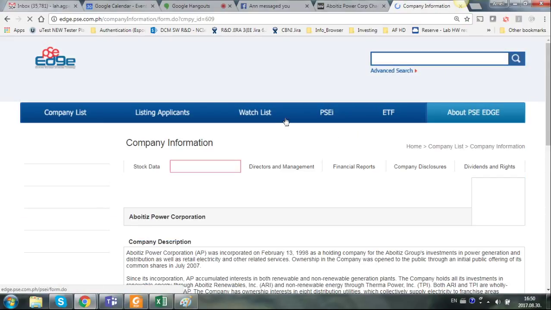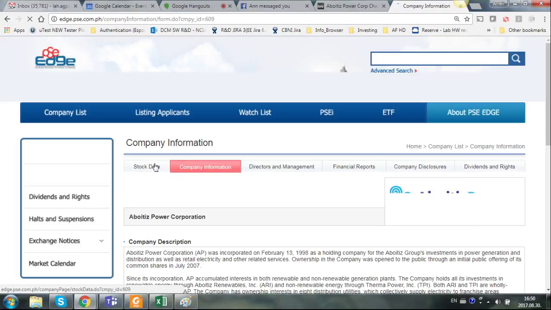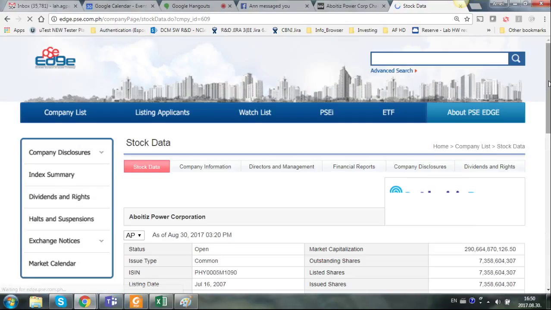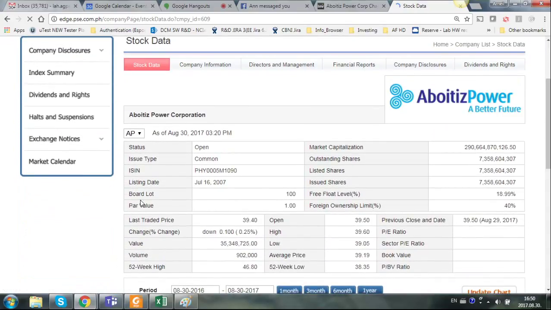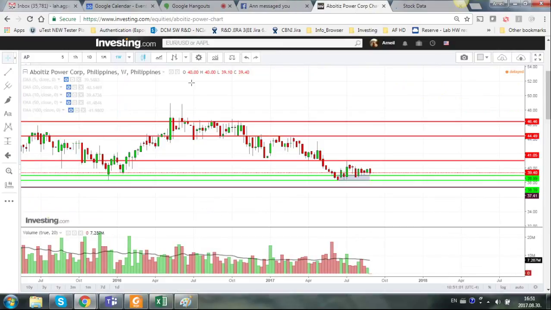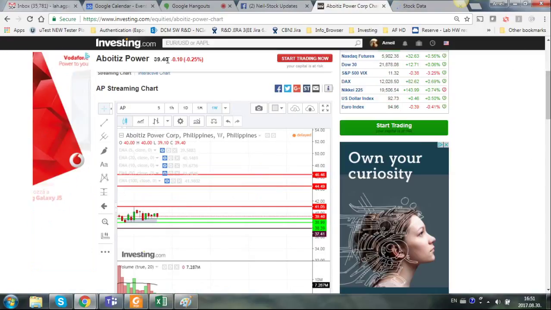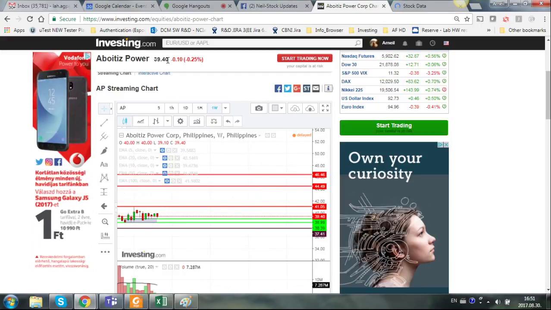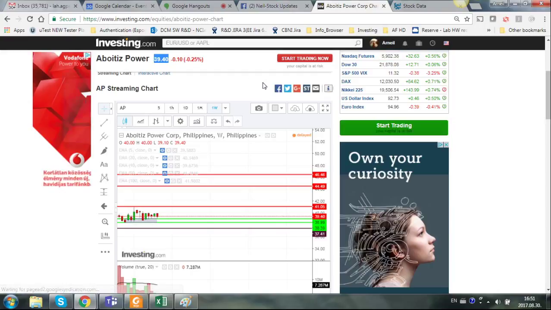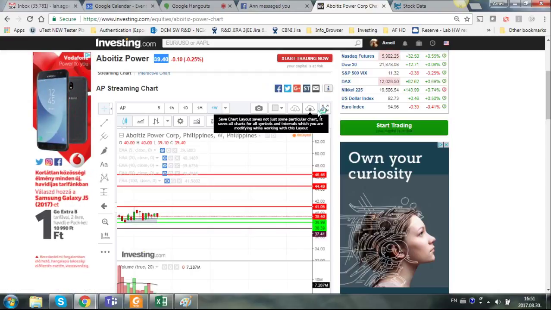Aboitiz Power, stock data, dito mo ma-check kung ilan yung board lot. So 100, bilhin mo siya ng by 100. So 100 times 39, that is 3,940. At babayaran mong fee is around 23 pesos to buy 100 shares.